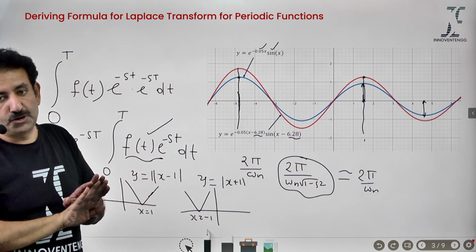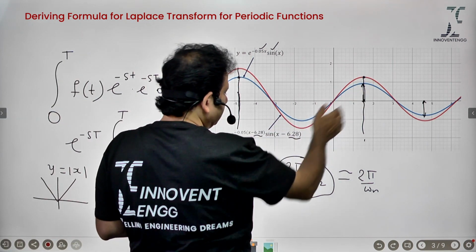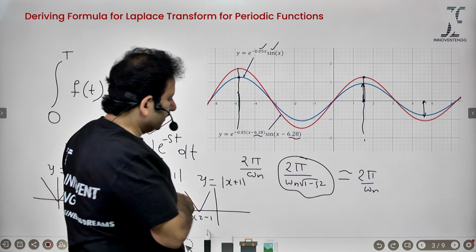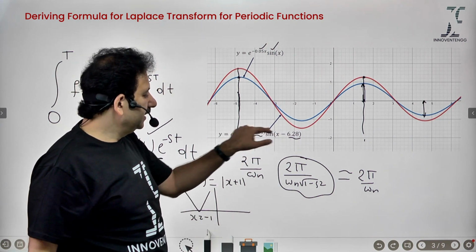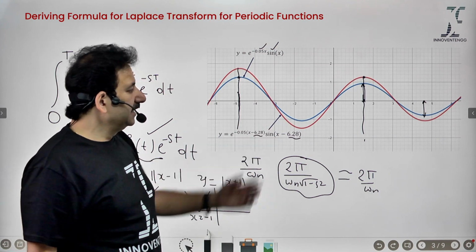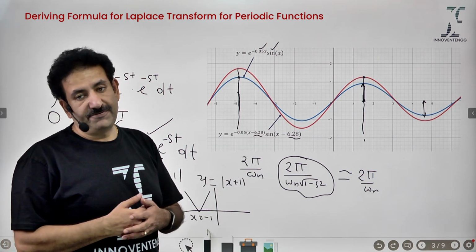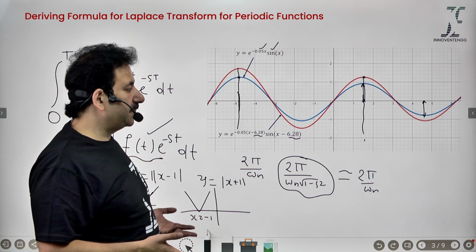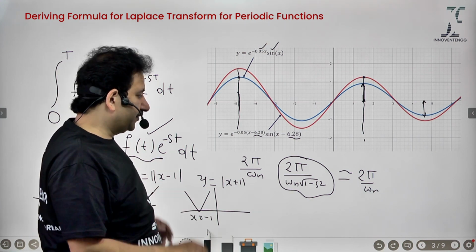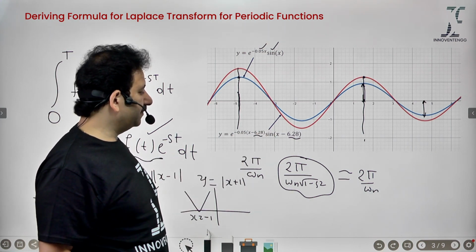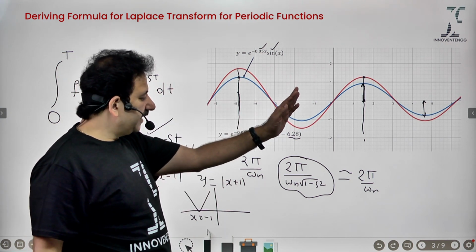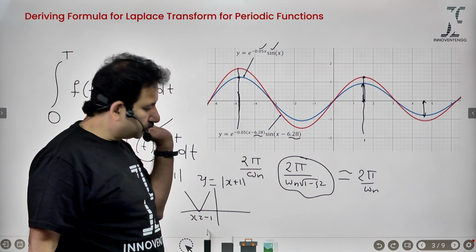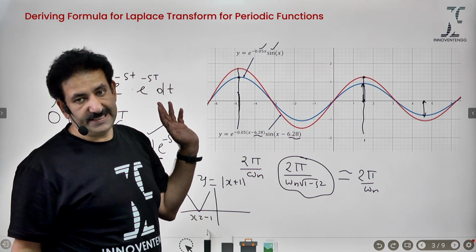This is what you are seeing as right shifting, because all that I have done is I have actually subtracted the period from x. You can see this for any wave, whether it is the period or not. If you subtract from the independent variable, then that function gets pushed forward to the right, and if you add, it gets pushed backward. That is very, very important.